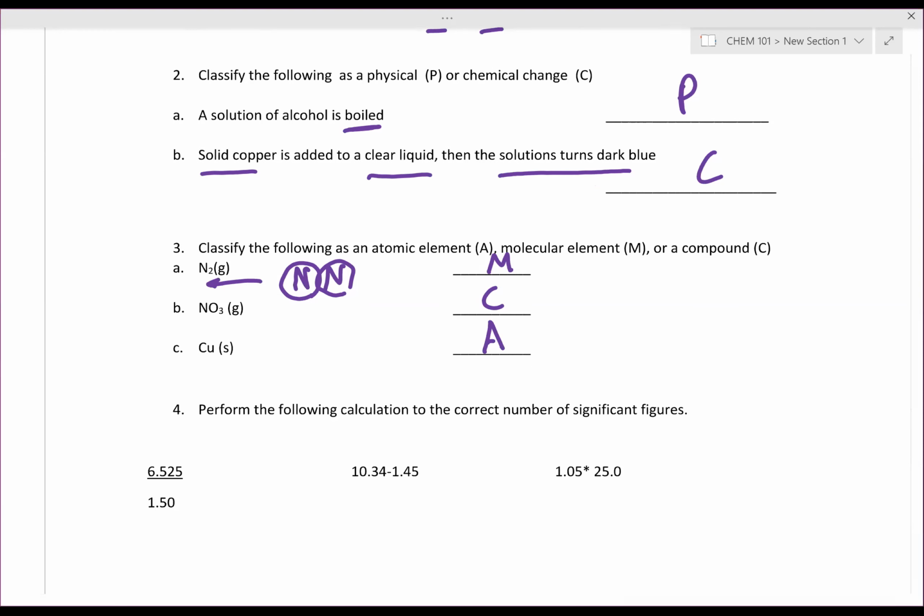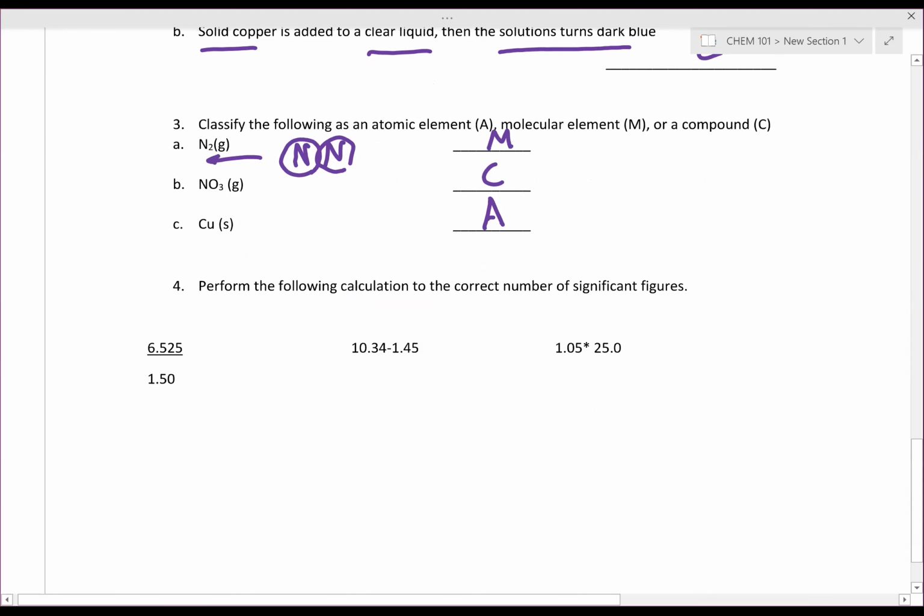Okay, let's now perform the following calculations to the correct number of significant figures. First and foremost, let's take a look at this top operation. We're doing a division operation. What do we care about? Division, we care about what? Sig figs. This top number has how many sig figs? 4.